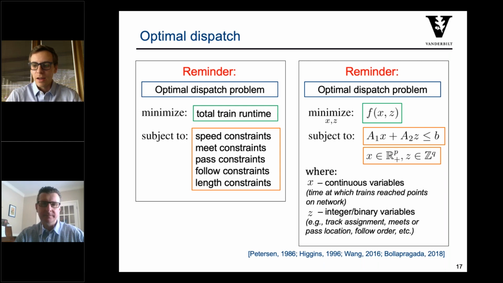Yeah, and that is a common thread amongst a lot of the optimal dispatch work. It's not necessarily what is the minimum that you could run to, but what is a realistic lower bound on what your trains can actually achieve.